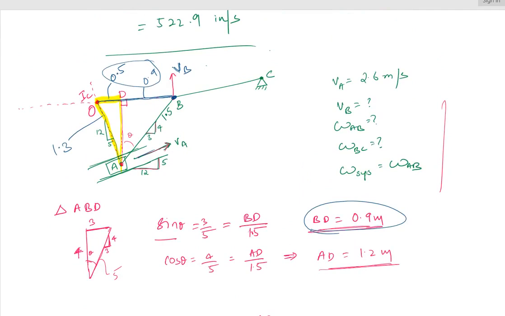The radius is from that point to the center, about which this entire link AB is rotating. It appears to rotate about that center O. Like the ladder problems we have seen before, the entire link seems to be rotating about this point O, VB is the velocity at B, and OB is the radius of rotation.